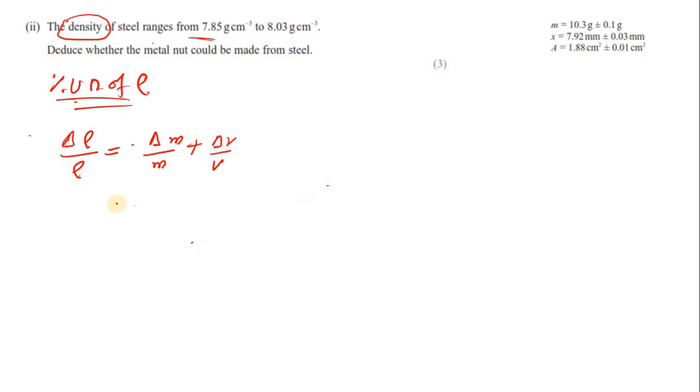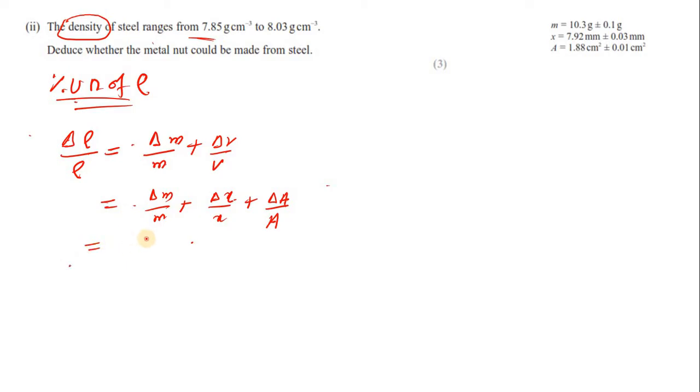Delta v over v is the fractional uncertainty in the volume, and this can be written as delta x over x plus delta a over a. So we have everything. In this way we can find delta rho over rho, and if you multiply everything by 100, it is percentage uncertainty.